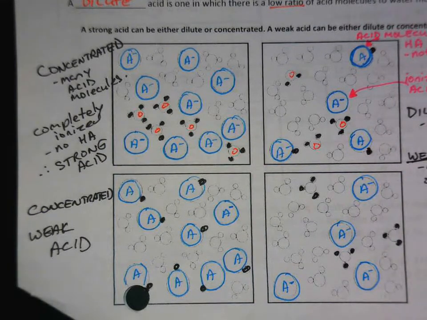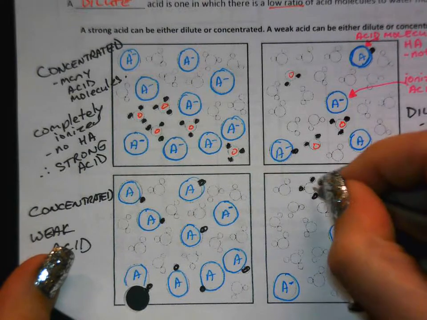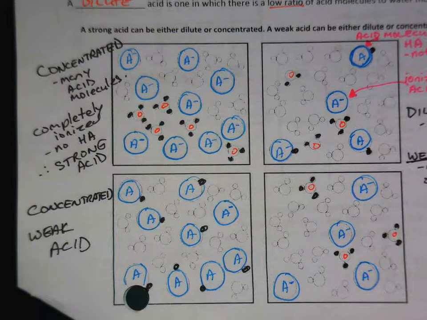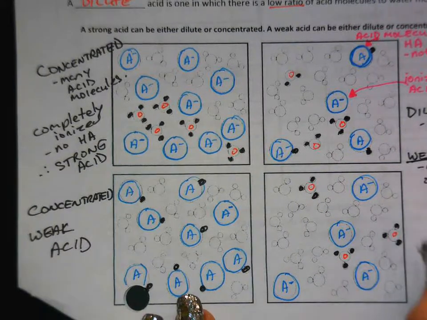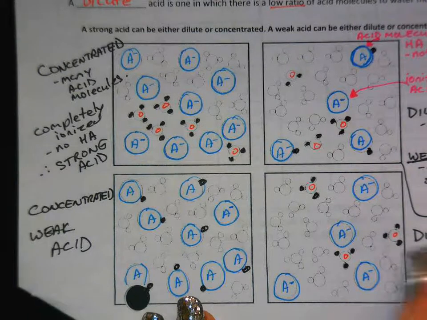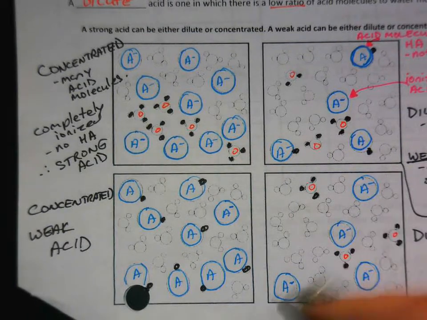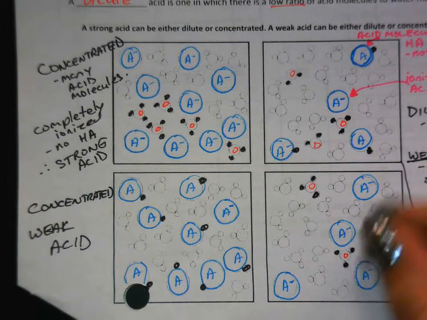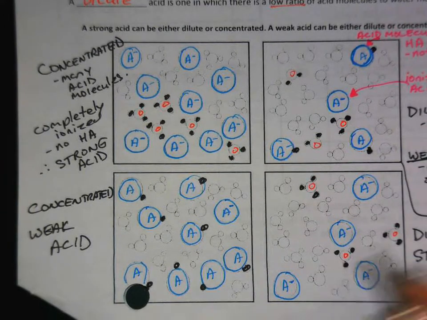And some oxygens as long as we're here. In this case, we have a dilute, dilute because there's only a few acid molecules, but strong because each of those acids lost its hydrogen to solution to make hydronium.